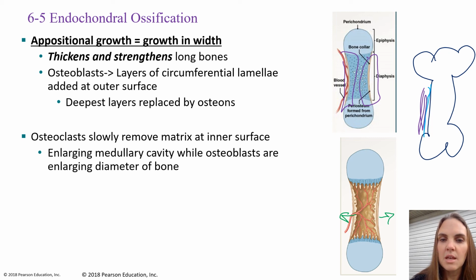At the same time, we have some osteoclasts working inside, removing some of that bony matrix from inside the medullary cavity, but that rate of removal is slower than the rate of deposition on the other side. And this is how we get an enlargement of the medullary cavity while also getting an enlargement in the diameter of the bone.